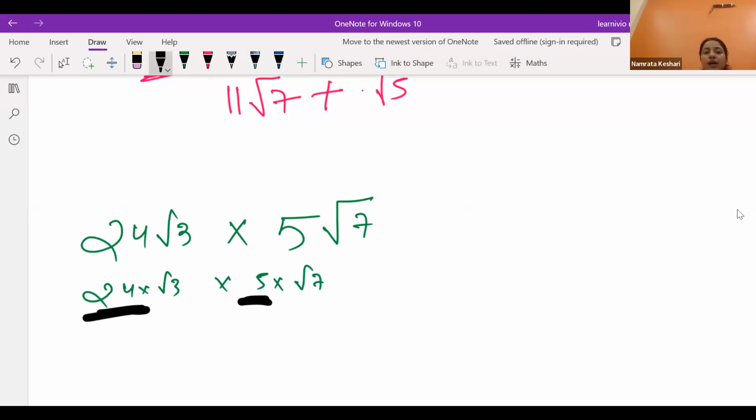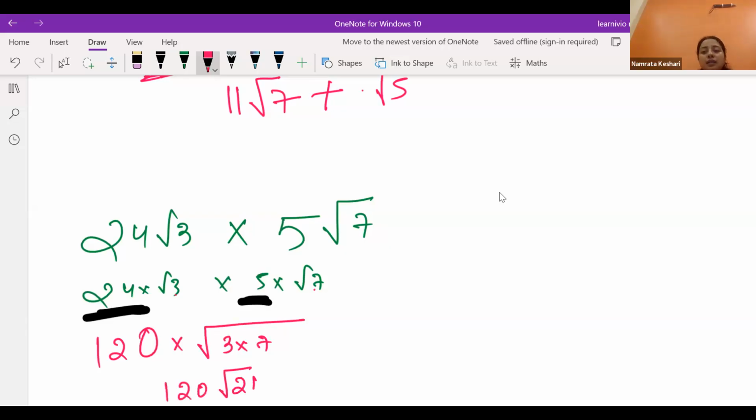So 24 into 5 will be 120, and root 3 into root 7, 3 into 7 can come inside one root. This is the way for doing the multiplication. So our final answer will be 120 root 21. Getting it? Yes, ma'am.